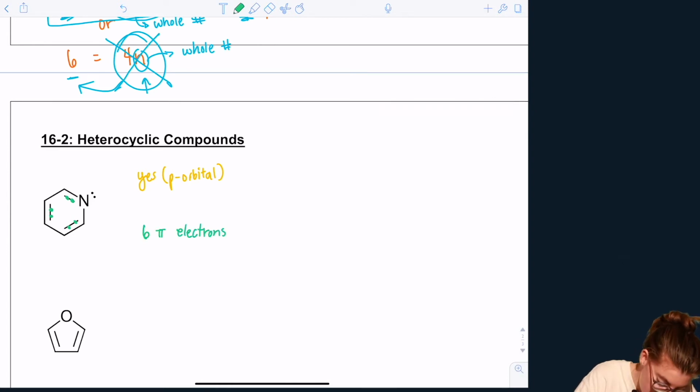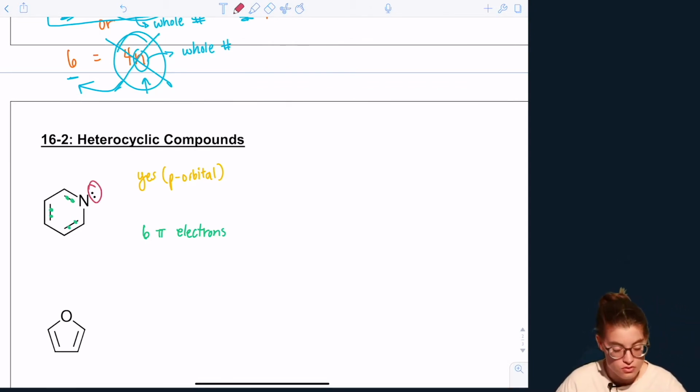Now why did I not count these electrons here? Well, the reason I didn't count those electrons is because they're never in a pi bond. They're never in a p orbital. How do I know that? Because these electrons are always in the sp2 hybrid orbital that nitrogen has, and we just went over that.